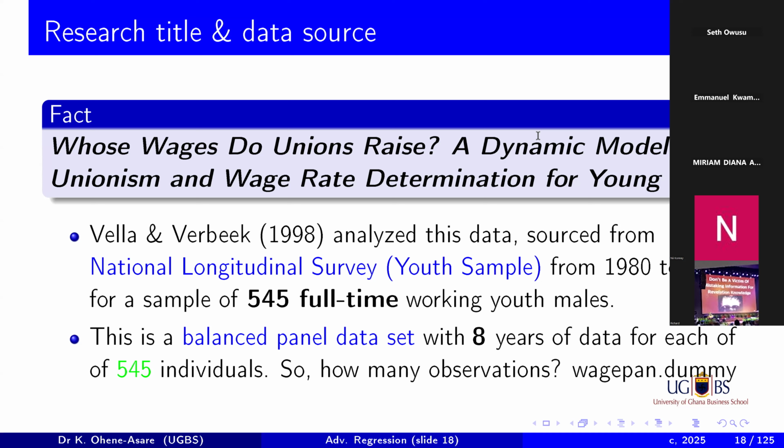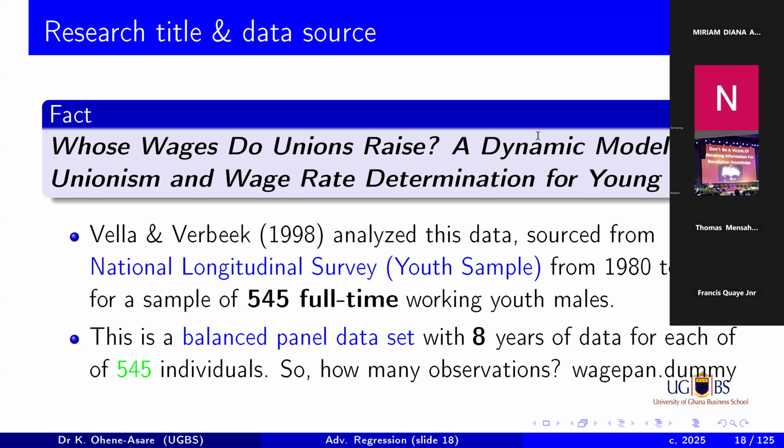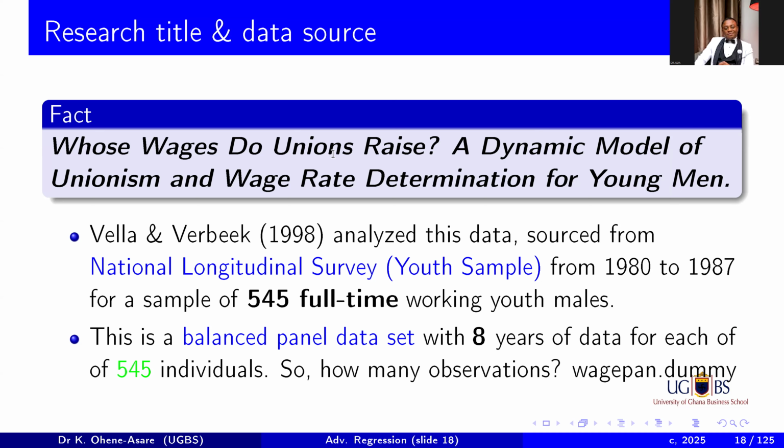It was from 1980 all the way to 1987. We gave it a title because the paper was itself published by Vella and Verbeek. And it was made up of 545 full-time youth males. So they are boys, no lady.